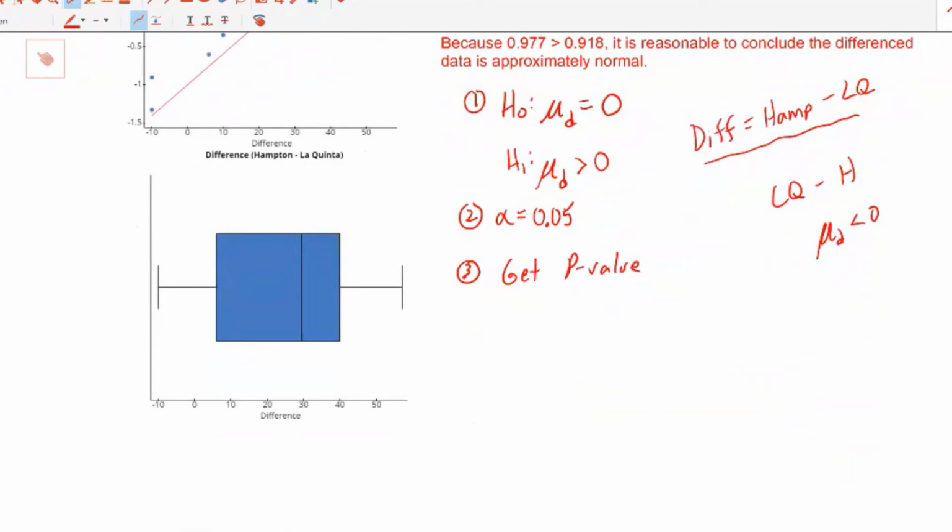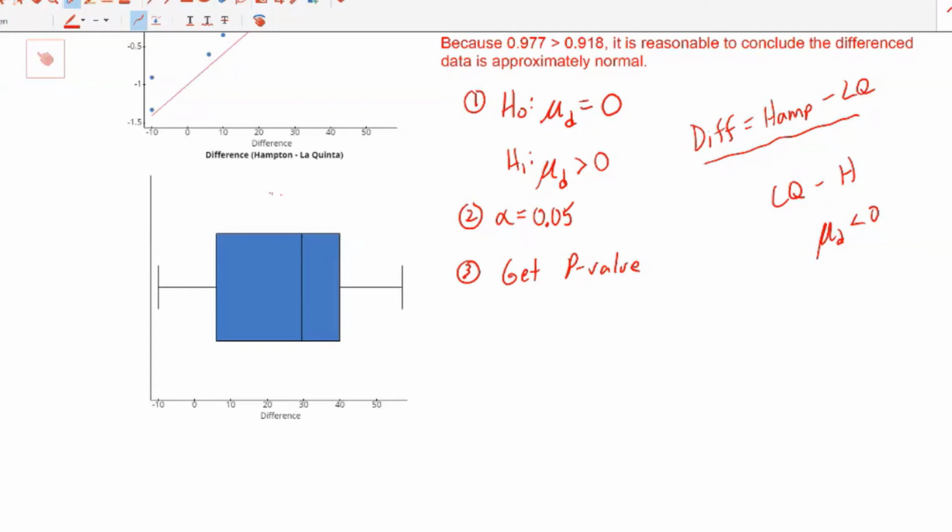I think it's pretty important to see what StatCrunch is doing in the background when it gets the p-value for you. Even though I'm not going to have you get a p-value by hand, I still think it's worthwhile to show you.